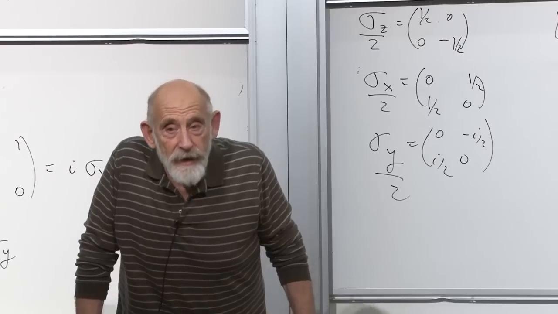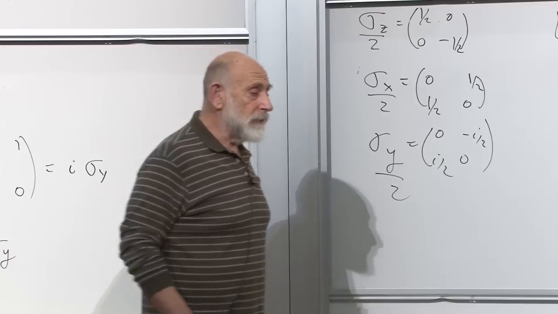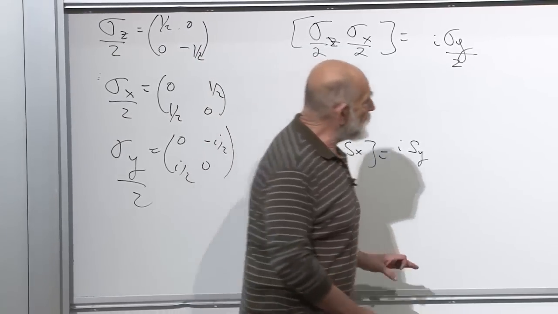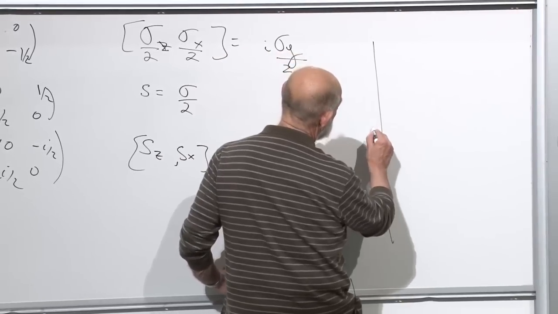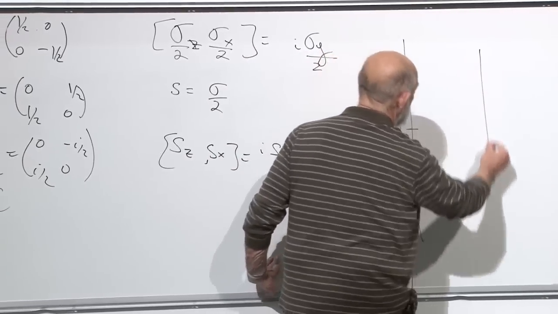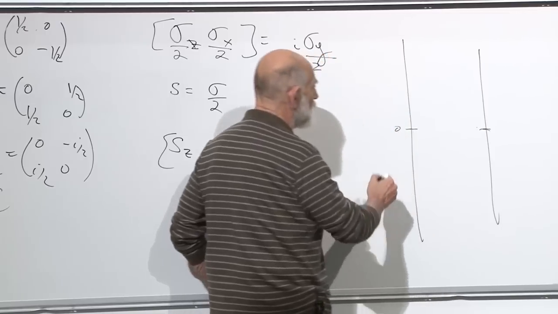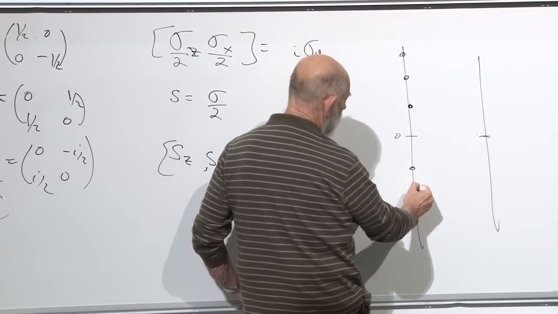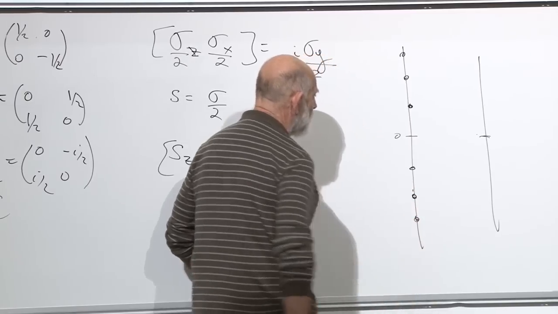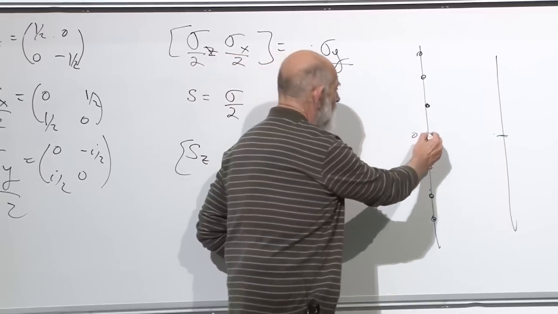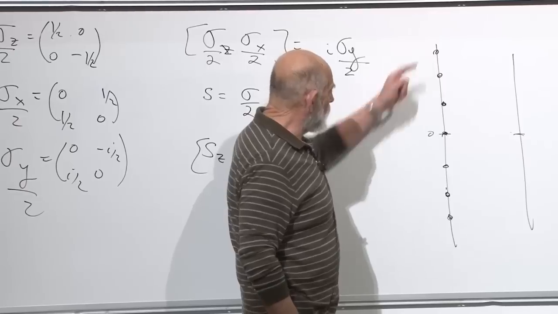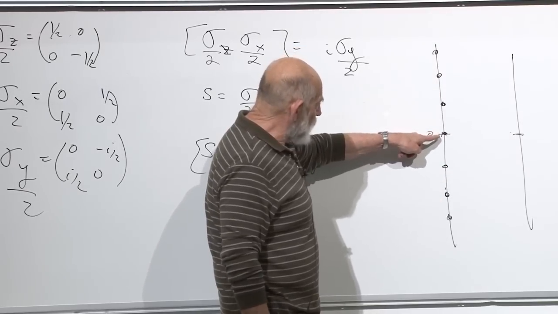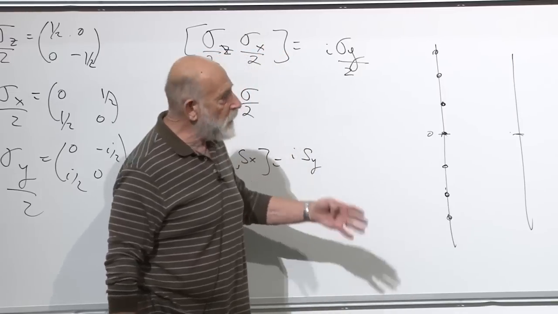When we were working out angular momentum, I told you, and I showed you, that there were 2 kinds of multiplets. There were the integer spin multiplets, where the magnetic quantum number m was 0, 1, 2, 3, -1, -2, -3, and so forth, with the central point at 0 being one of the possibilities.